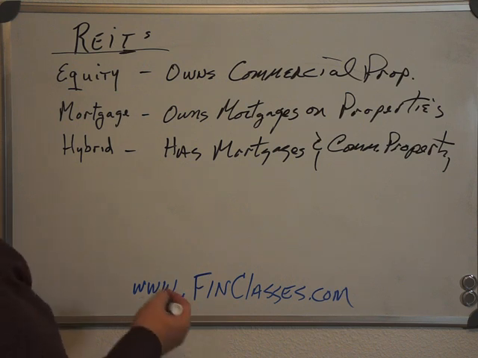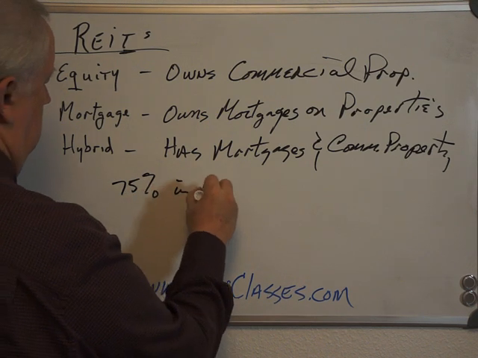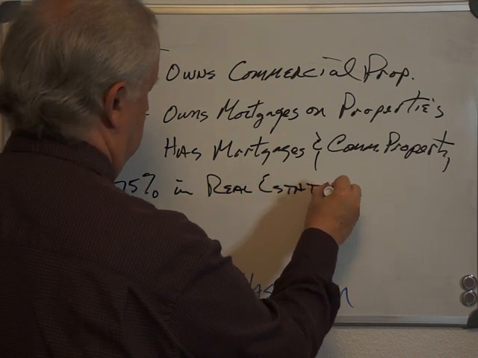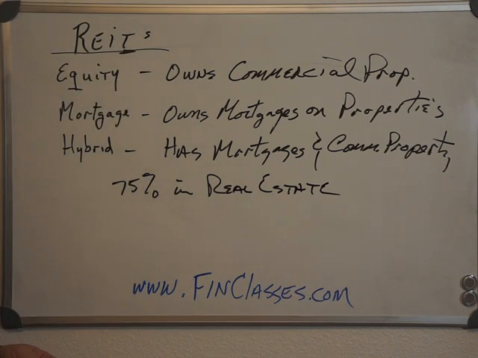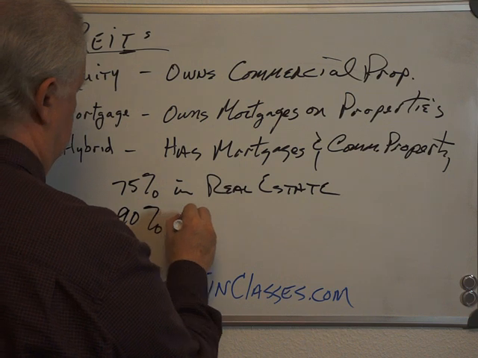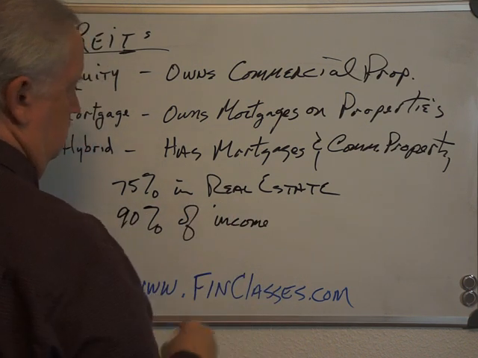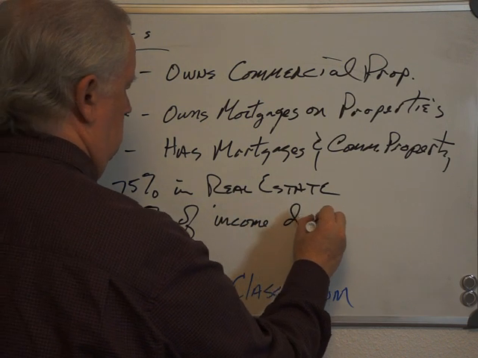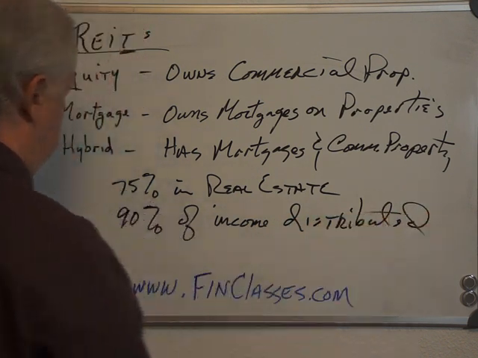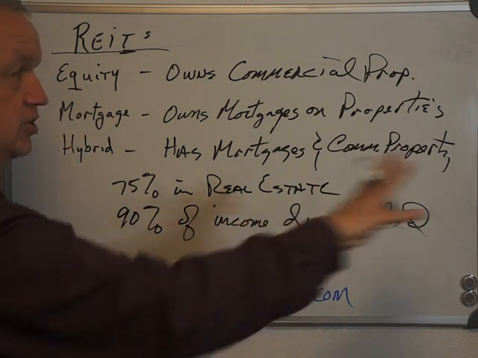Know that 75% has to be in real estate. 90% of the income that's generated inside this has to be distributed.